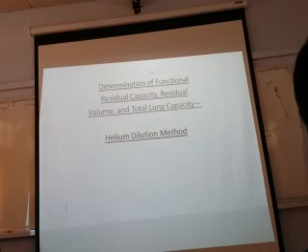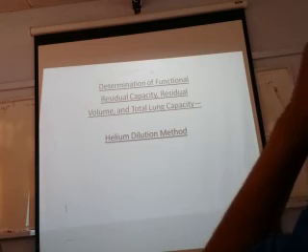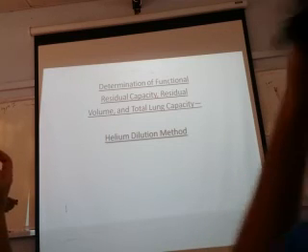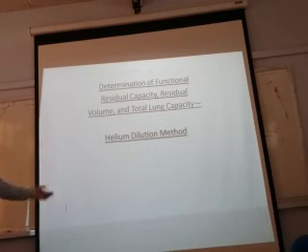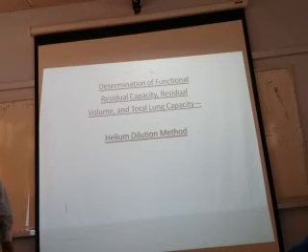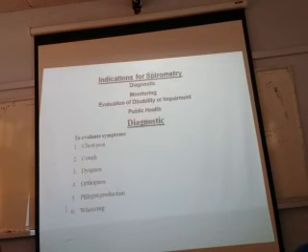Maximum ventilatory volume determination, how you will determine it. Residual capacity, functional residual capacity, total lung capacity, how? So using the helium dilution method, etc. How do you determine these? Indications for spirometry: when will you do spirometry? For diagnosis, for monitoring, for evaluation of disability or impairment, for public health.